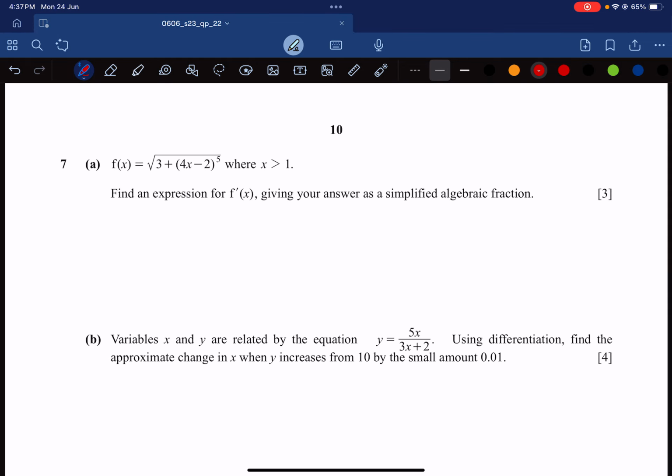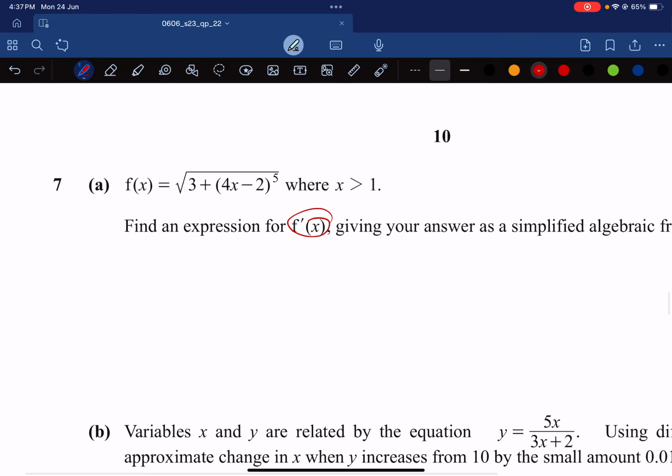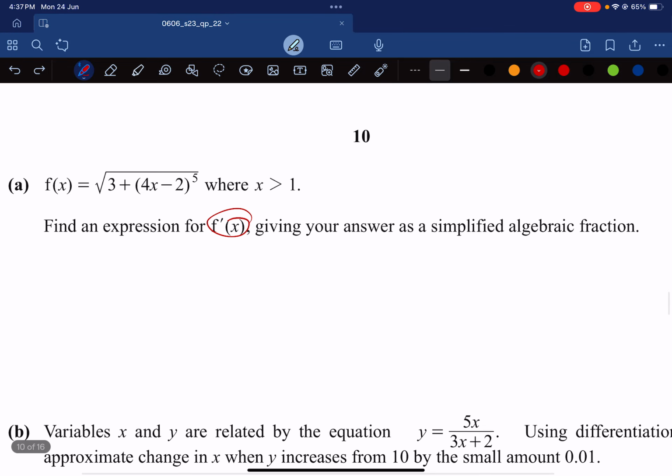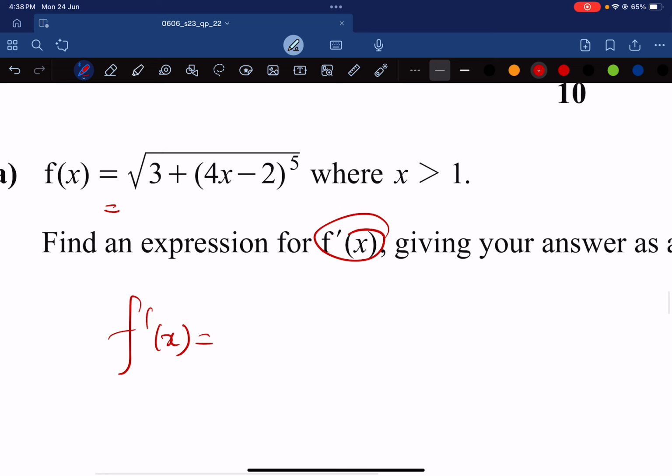f(x) equals the square root of this thing where x is greater than 1, find an expression for f prime of x. So f prime means derivative. The first derivative: let's write this thing in the power of 1/2, 3 plus (4x minus 2) to the power of 5.